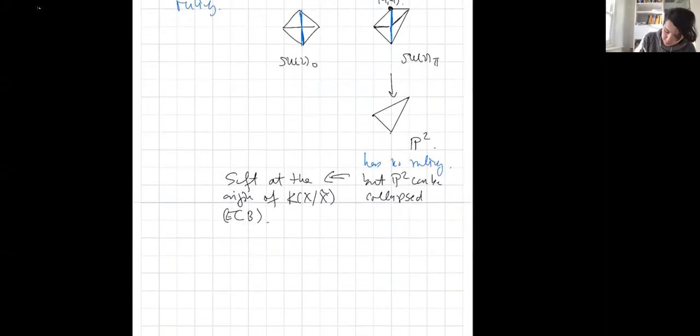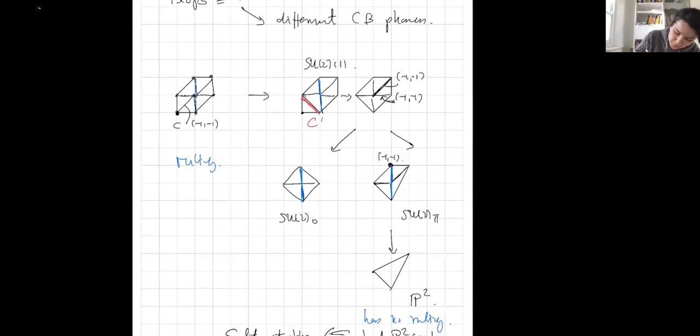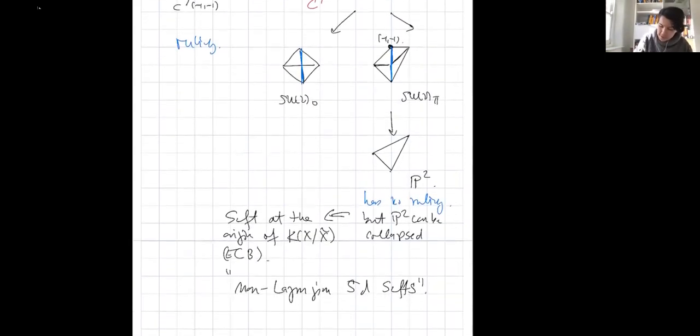But these are what we would call non-Lagrangian 5D SCFTs. There's no non-Abelian gauge theory that underlies it. There's a Coulomb branch description in terms of U1, but there's no intermediate SU2 gauge description, whereas for all the other ones there is. So we've gone from SU2 with two flavors to SU2 with one flavor, then the SU2s with no flavors with theta angle 0 and pi, and then to P2.